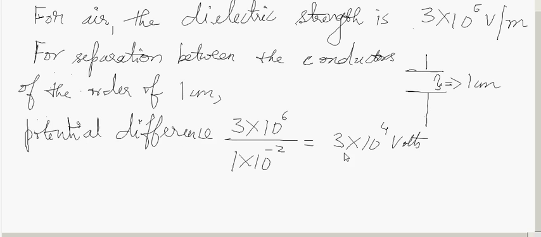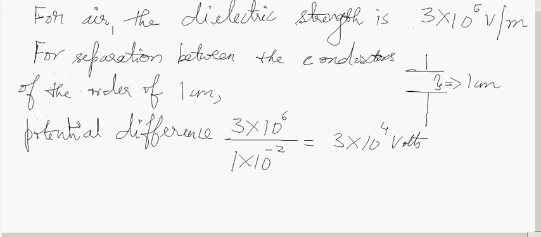In general, the farad is a big unit. The most common units we use for a capacitor are 1 microfarad, 1 nanofarad, or 1 picofarad. So farad is a big unit.